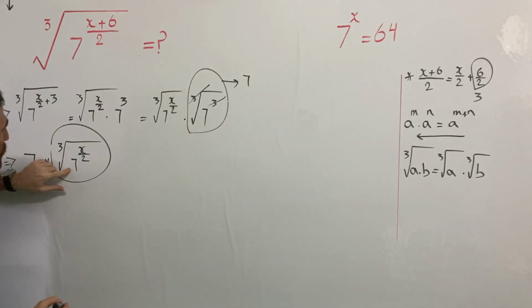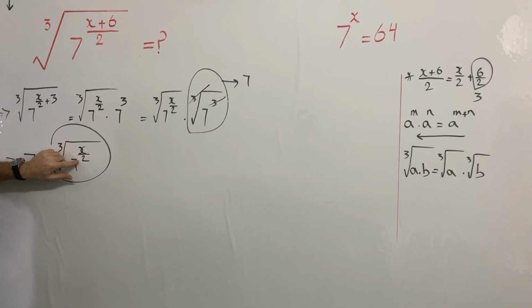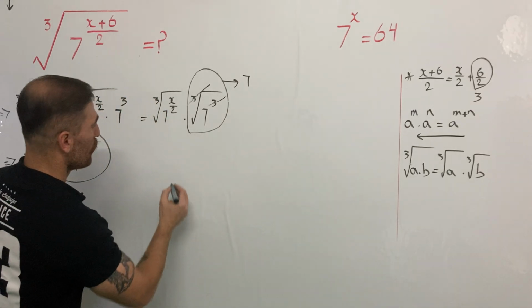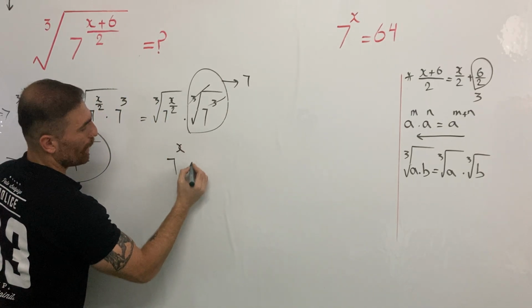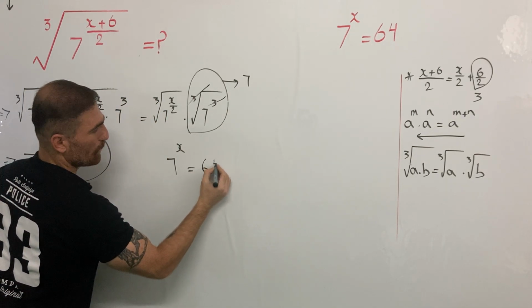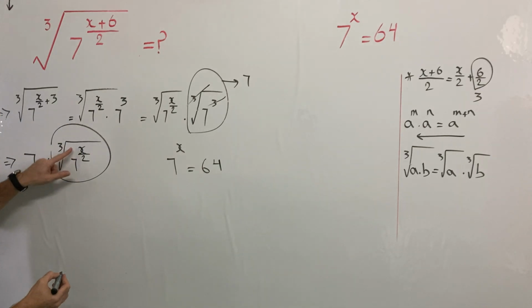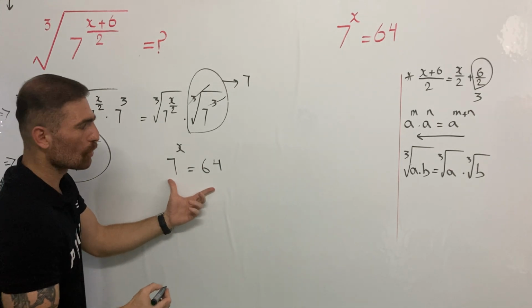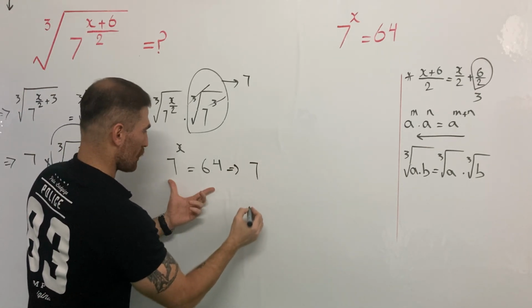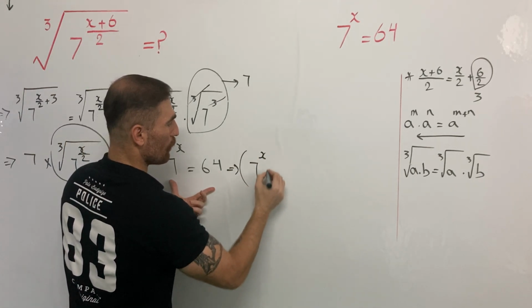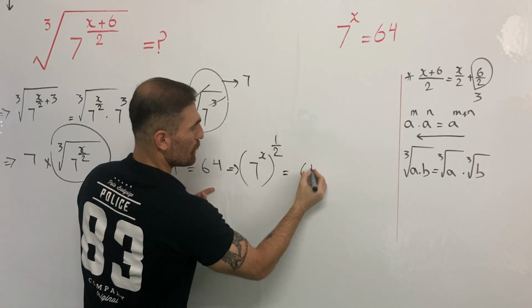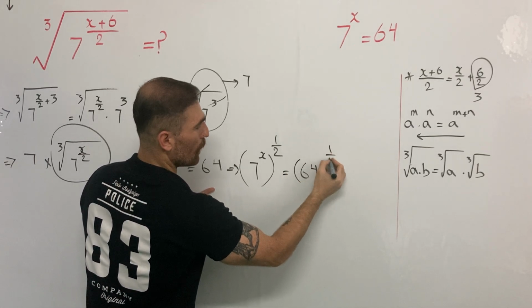Here we have 7 raised to the power of x over 2. Time to use this important information. We have 7 raised to the power of x is 64. So I'm going to raise both sides to the power of 1 over 2: 7 raised to the power of x, raised to 1 over 2, equals 64 raised to the power of 1 over 2.